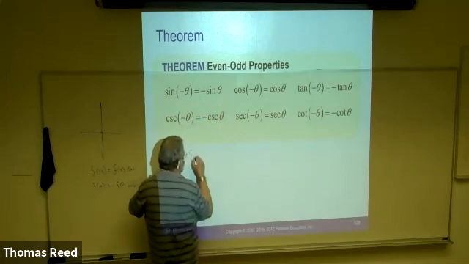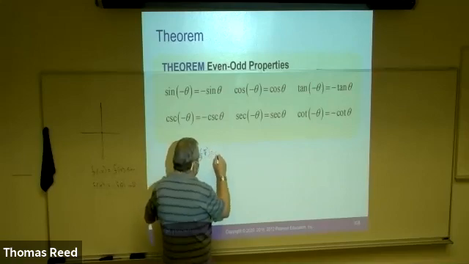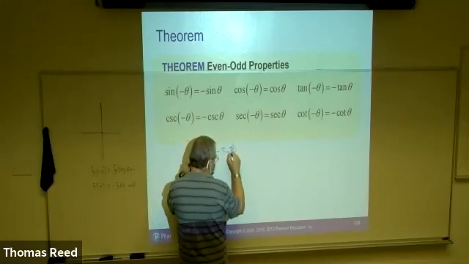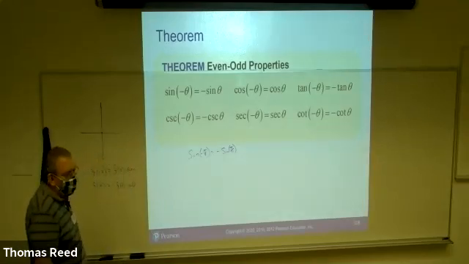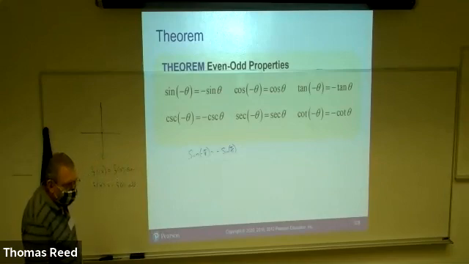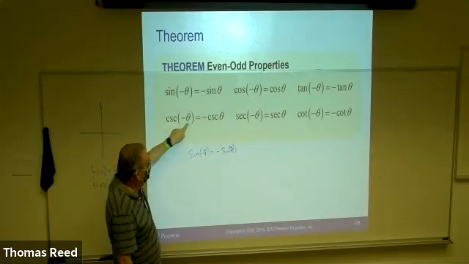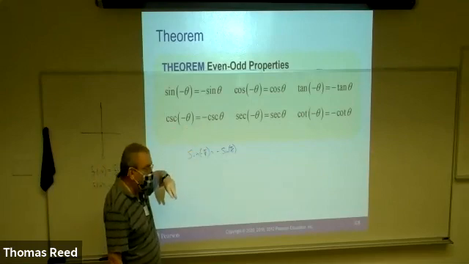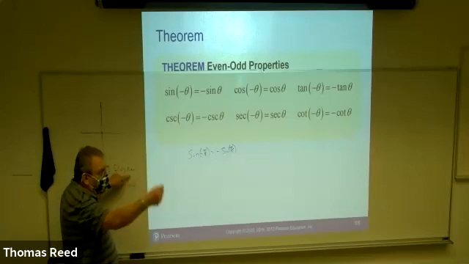So if I had the sine of negative pi over 4, well, then that's going to be the negative of the sine of pi over 4. So that's going to be negative square root of 2 over 2. And since sine and cosecant are reciprocals of each other, it's going to hold the same property. Cosine is an even function, because the cosine of a negative is the cosine of the positive.